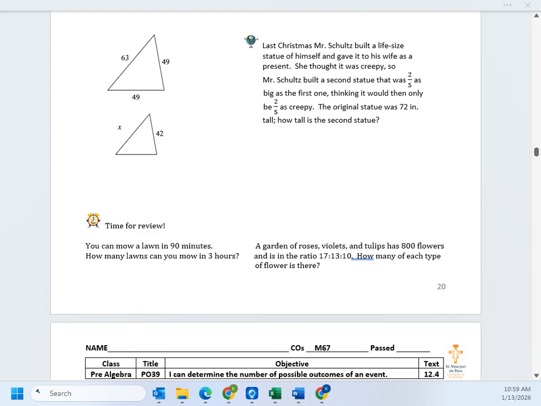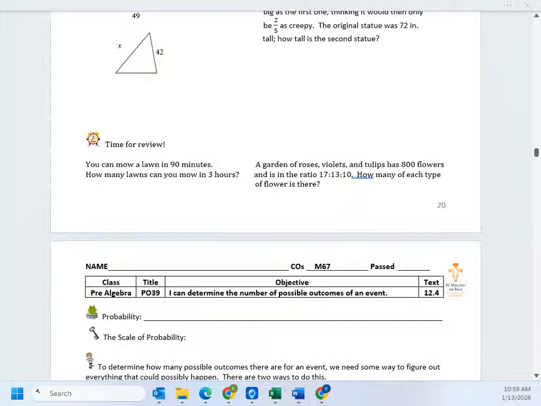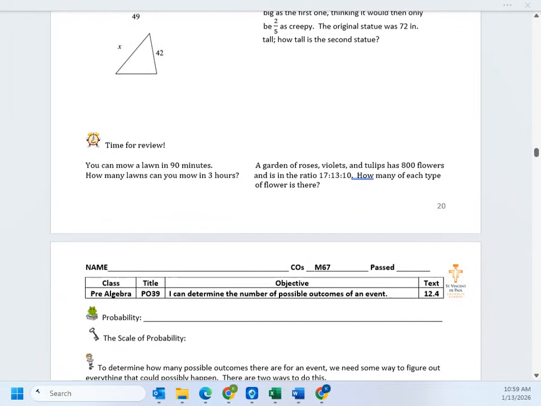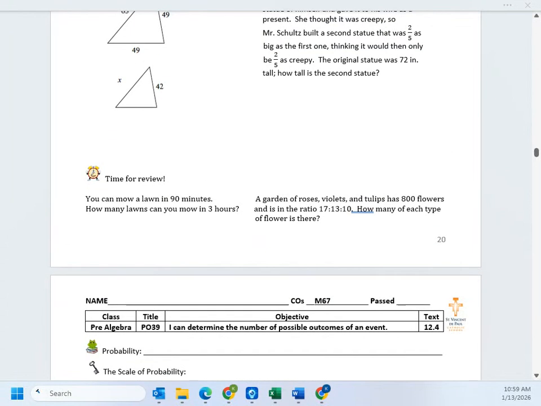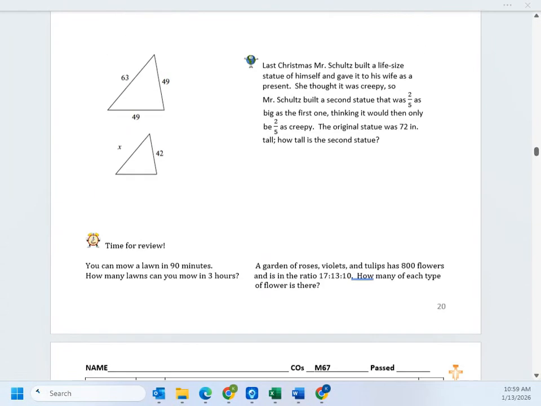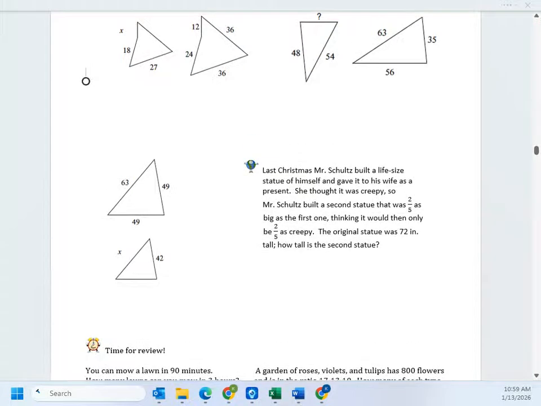Then we have 2 review questions on the bottom. Make sure you know how to do those review questions. If you forgot, flip back to previous objectives. We have a test this Friday. You need to remember how to do these math problems. Any questions on today's assignment?